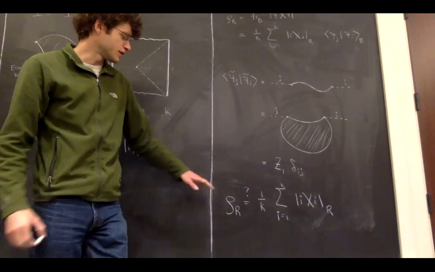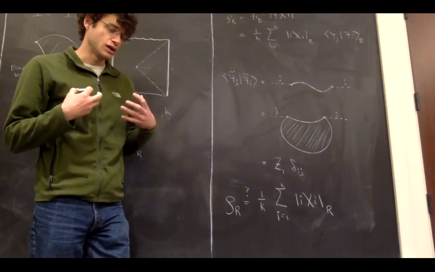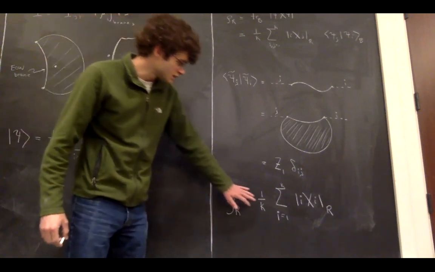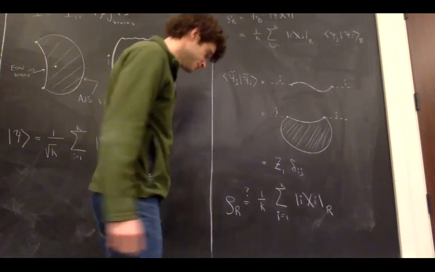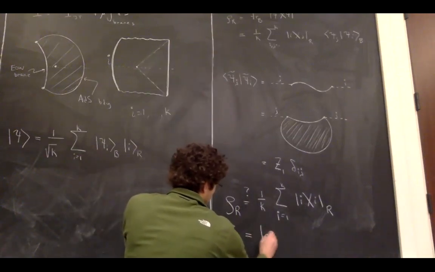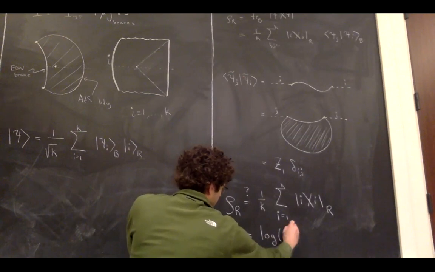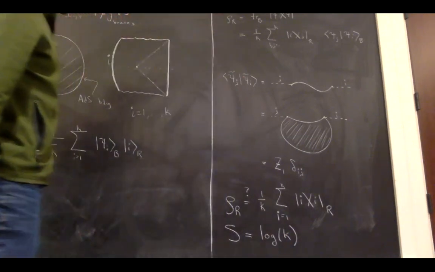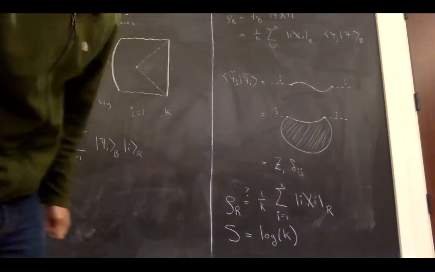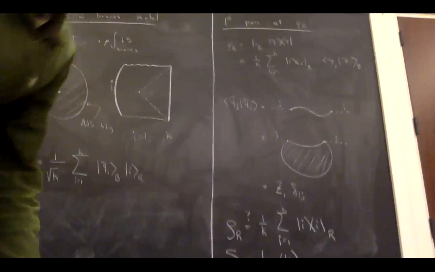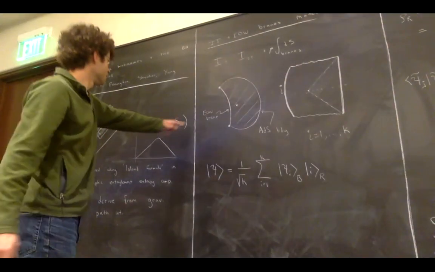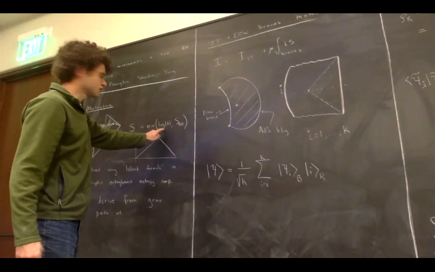In this model, we would find that the state of the reference system, the radiation system, looks like just a maximally mixed density matrix with entropy log k. So we sort of failed at reproducing the formula that we wanted to find, which was the minimum of log k and S Bekenstein-Hawking. We wanted to find this formula, but instead what we found was just log k.